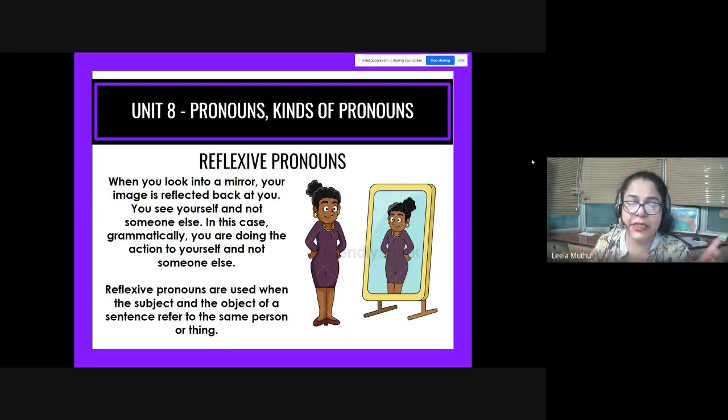So when a subject is there in a sentence, the one who's doing the action, but when the action is done to themselves, we use certain words to refer to the actions that are being done to the subject by themselves. So these words are reflexive pronouns, which reflect back on the noun. Only when I give you examples you'll be able to understand better.